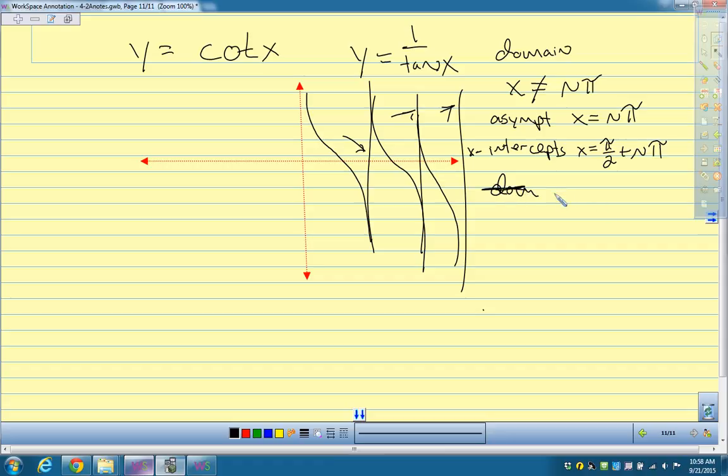Okay? The range, okay, is from negative infinity to infinity. Did I talk about that with tangent x? Oh, tangent x is the same, okay? The y values, unlike sine and cosine, they go on forever and ever, okay? Sine and cosine only go between negative 1 and 1.